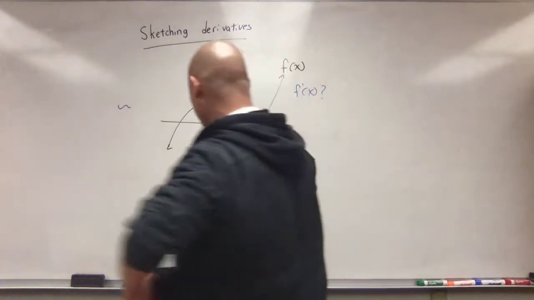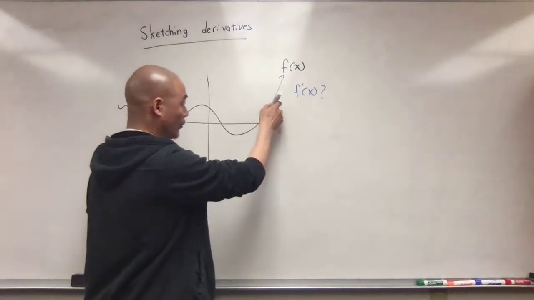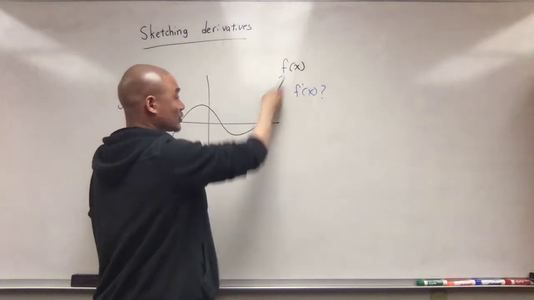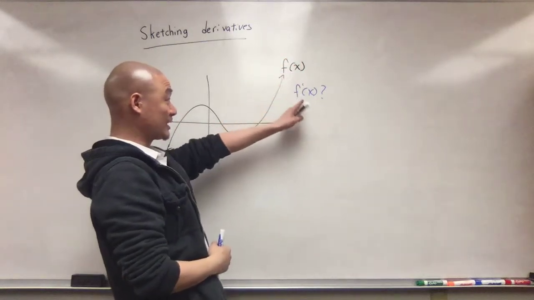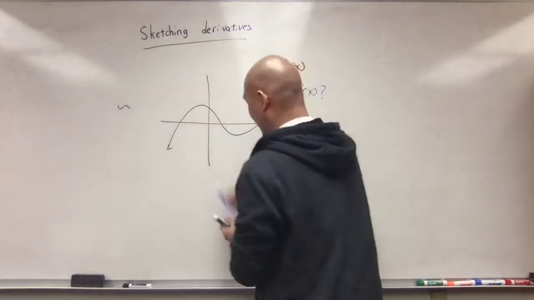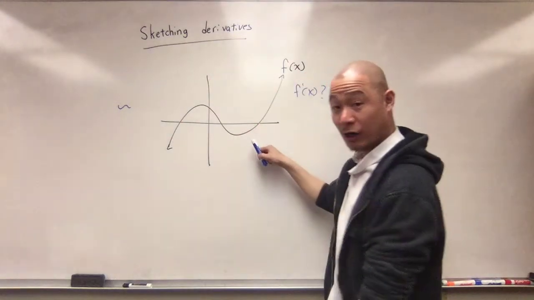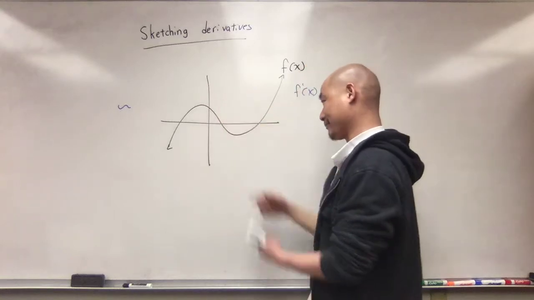So to illustrate, when f of x is increasing, these tangent slopes here are positive. So when f of x is increasing, f prime should be positive. When f of x is decreasing, these tangent slopes here are negative. So when f of x is decreasing, f prime should be negative.